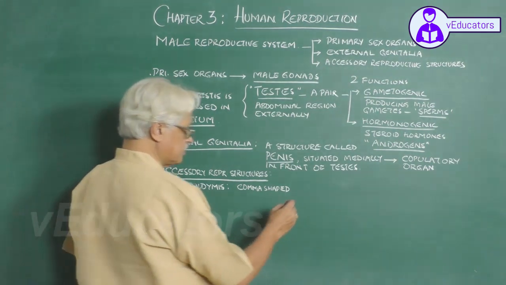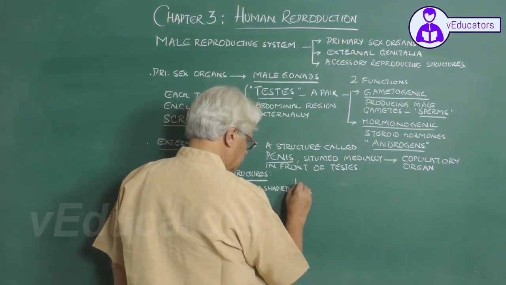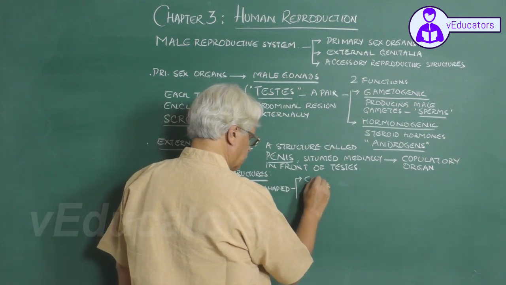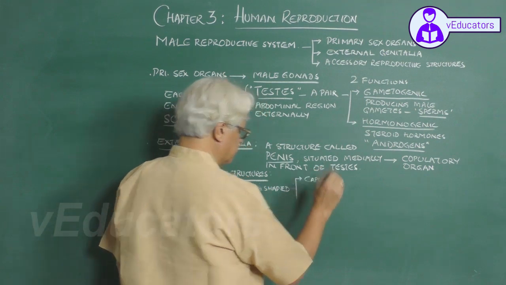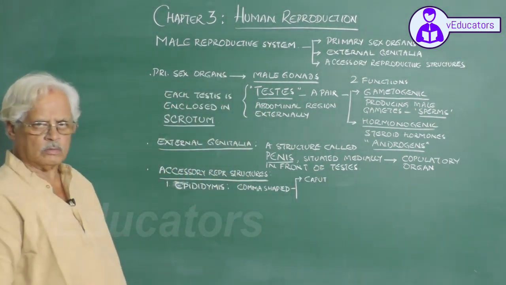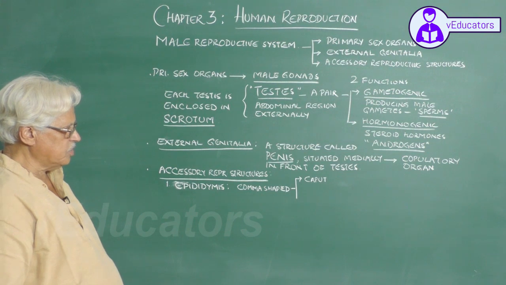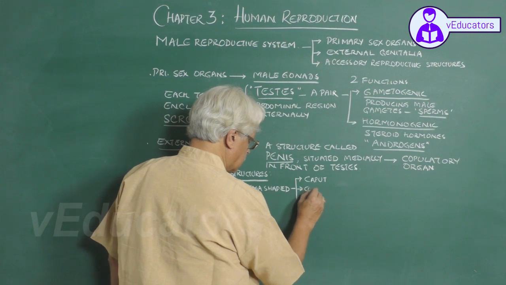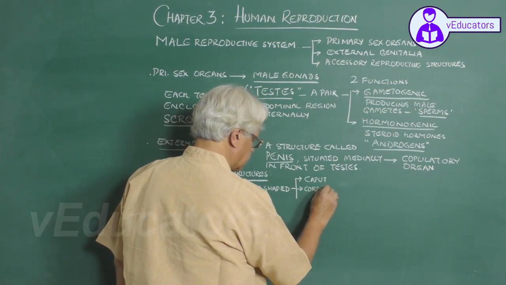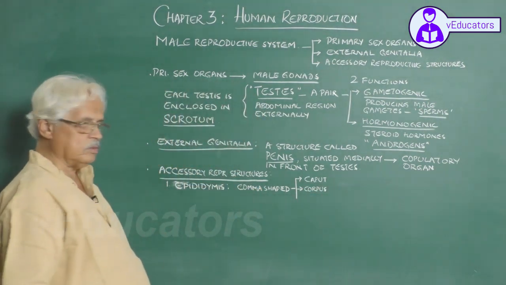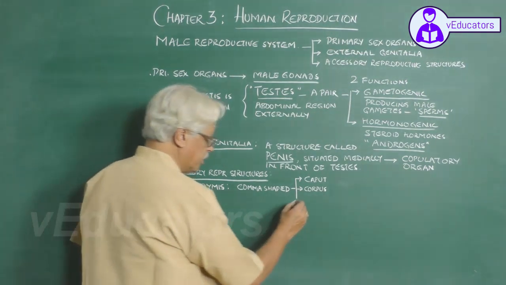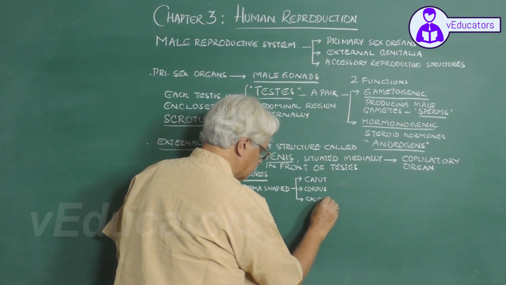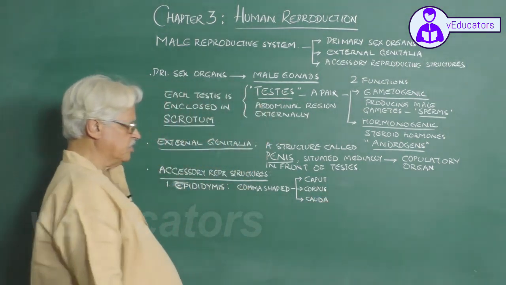This epididymis has three regions: an upper caput, also called the head region, a middle corpus, also called the body, and a lower cauda, also called the tail region.